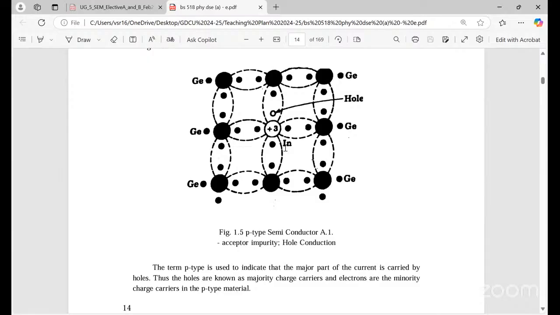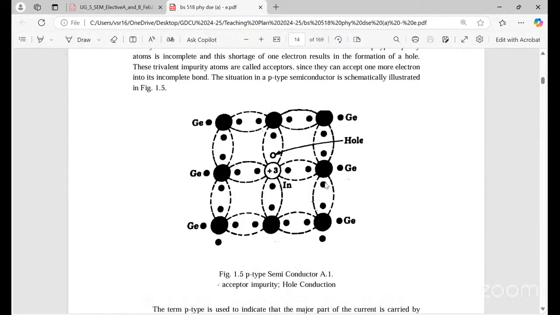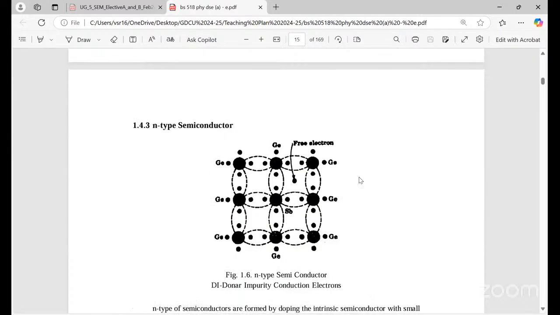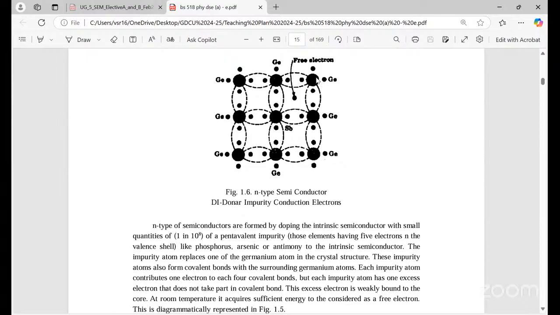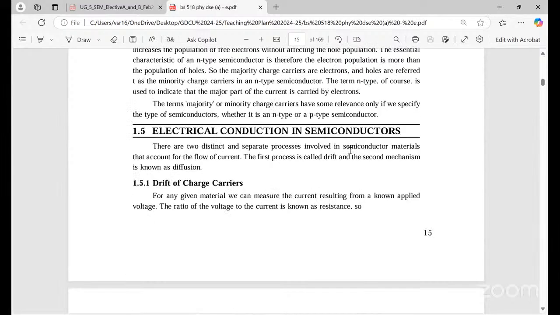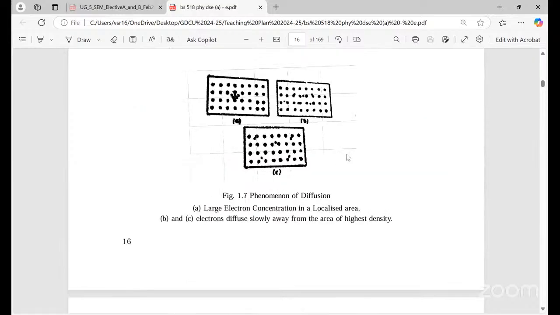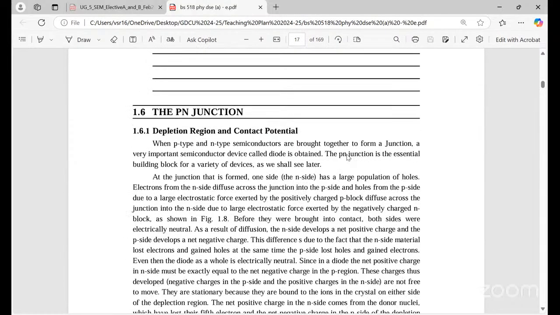P-type, where a hole is created, and indium is added here. And N-type, where tin needs to be added. Like that. These are the diffusion of charge carriers.